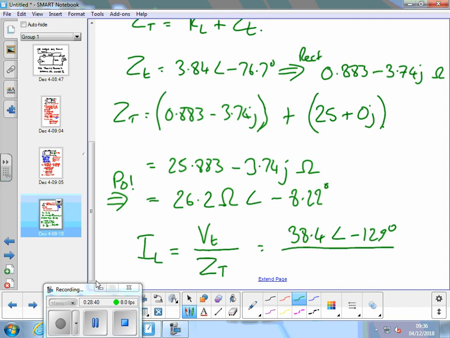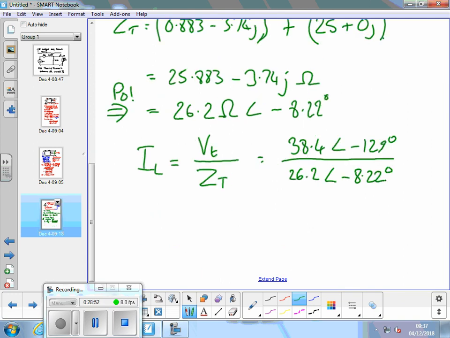And we just calculated the total impedance, 26.2 angle minus 8.22 degrees.